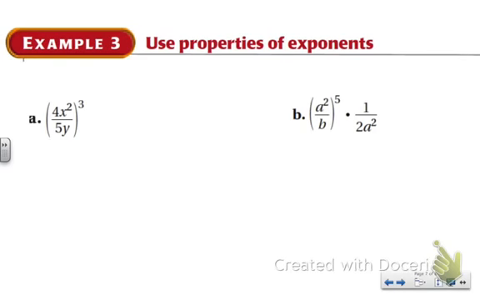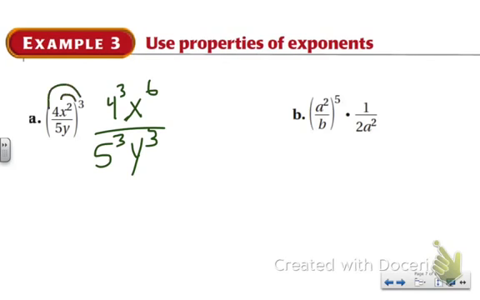And here's one more example, kind of putting everything together. So we have 4x squared over 5y raised to the third power. First thing we have to do is look at the top and distribute that 3 to the 4 and the x squared. So you end up with 4 cubed, x squared raised to the third becomes x to the sixth, over 5 cubed y cubed.